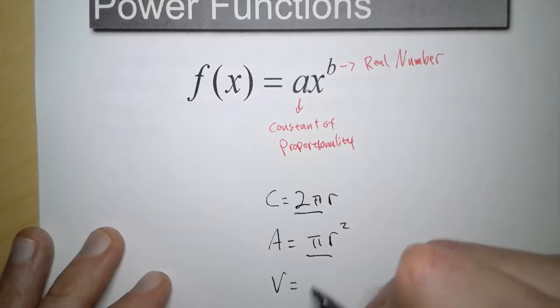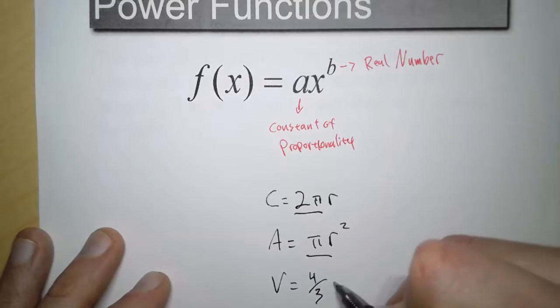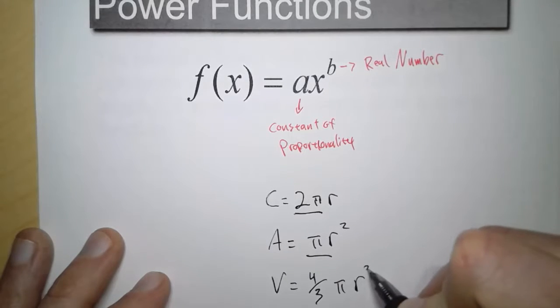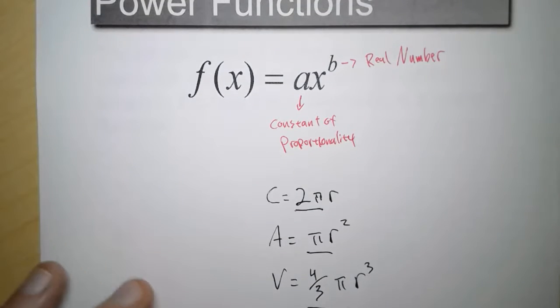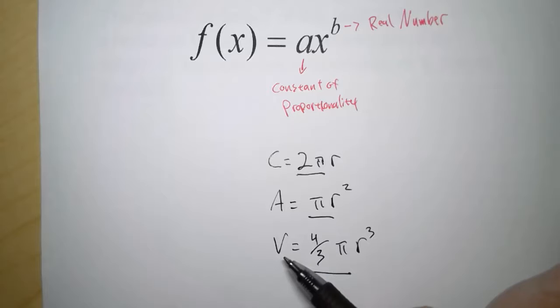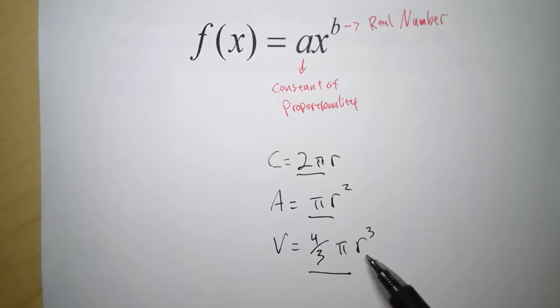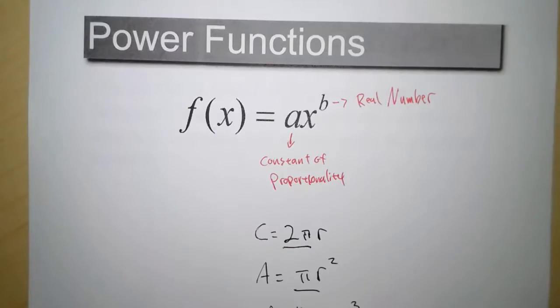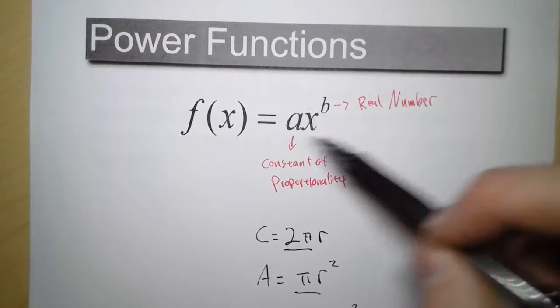And then finally, we could also go into 3 dimensions, 4/3 pi r cubed. And 4/3 pi is your constant. So here we're relating the volume of a sphere with the radius. But all power functions follow this basic structure.